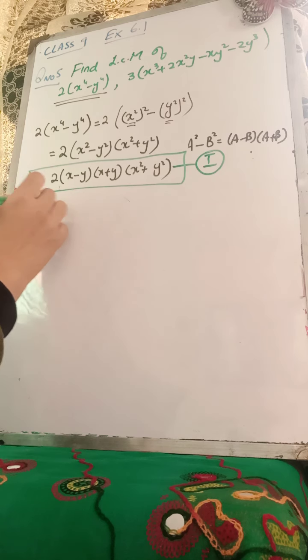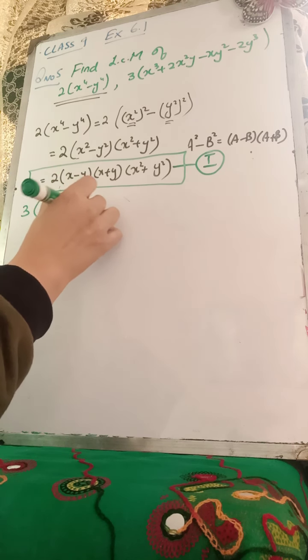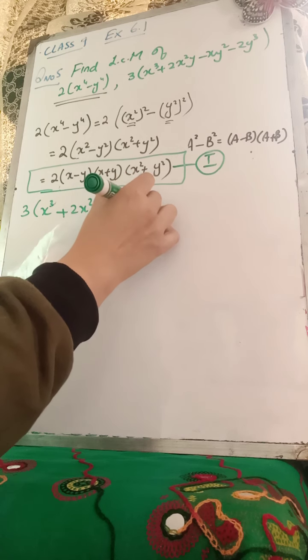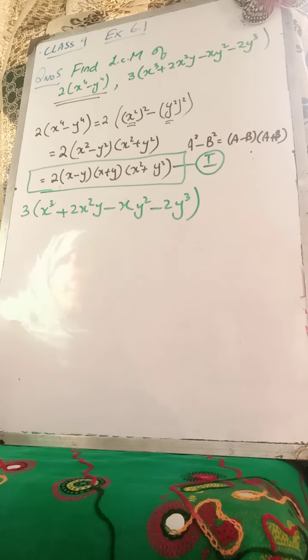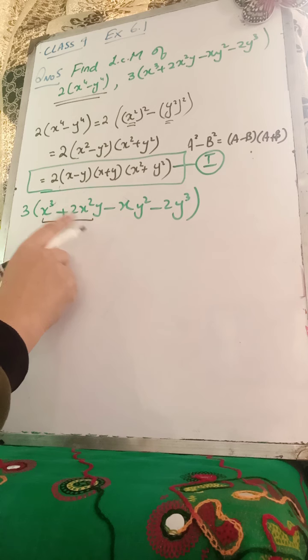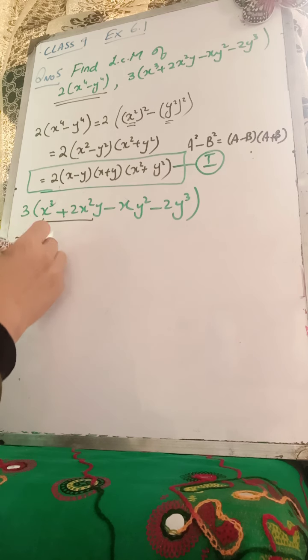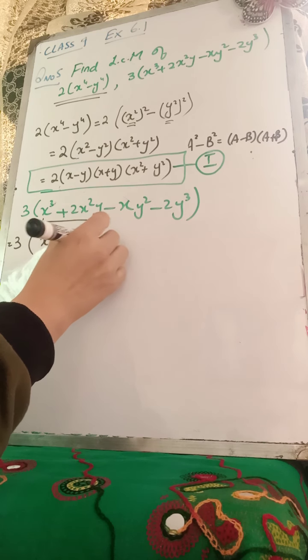Now taking the second expression, which is x cube plus 2 x square y minus x y square minus 2 y cube. What we do is we are going to take common from these terms. We know that x square can be taken common from the first two terms, so it's going to be x square into x plus 2y.